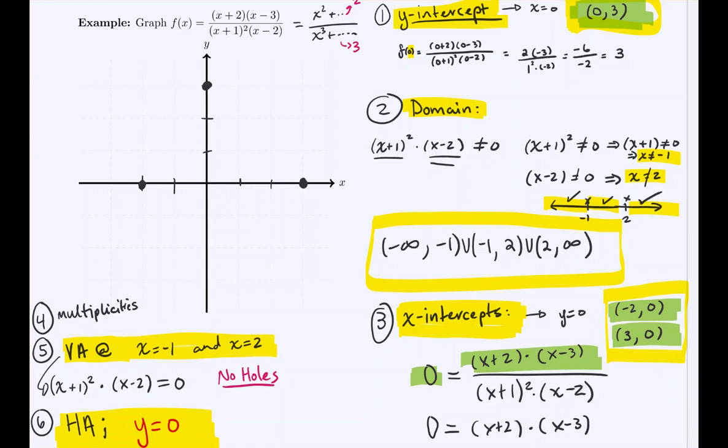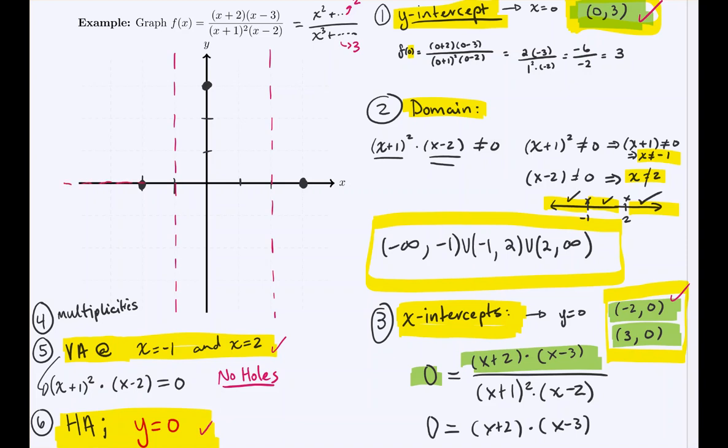Next, plot your asymptotes. They kind of give you an idea of the structure of the graph. For instance, we've got a vertical asymptote at x equals -1, so I'm just going to draw the dotted line. Also at x equals 2. And we've got a horizontal asymptote at y equals 0, so we're going to draw that.